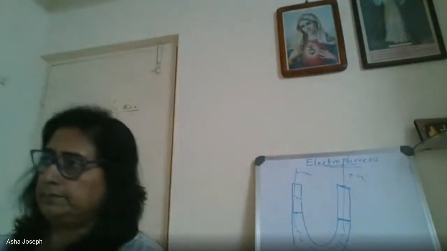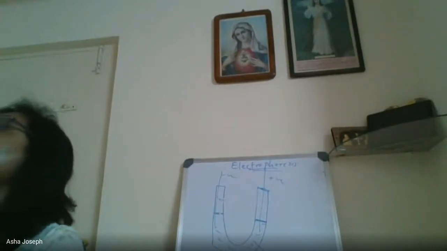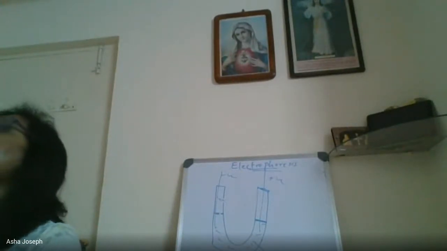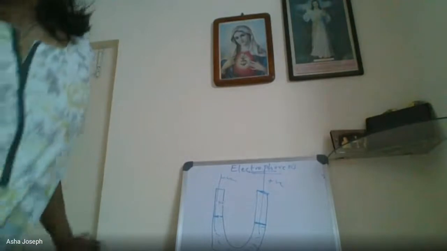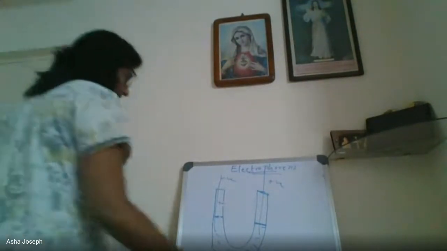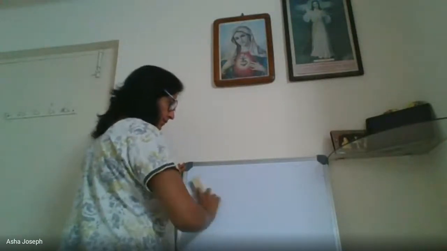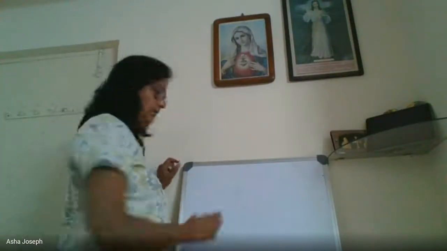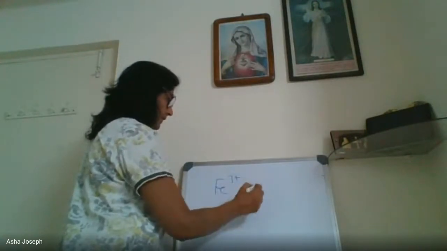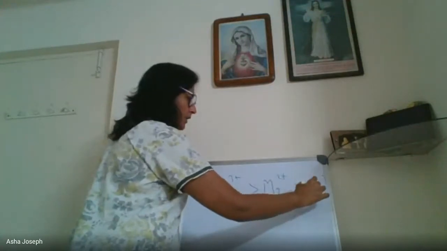Okay, so I will go to the board. If I take Fe3+ ion, it will have more coagulating power than Mg2+ ion, which has more coagulating power than Na+.